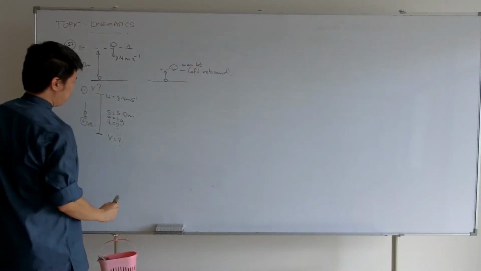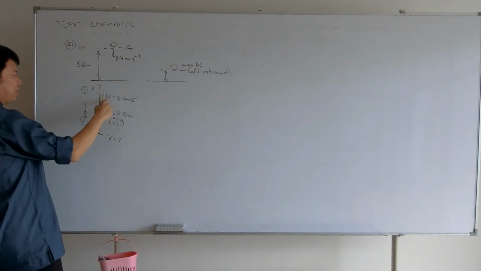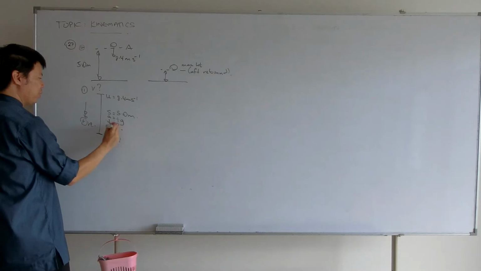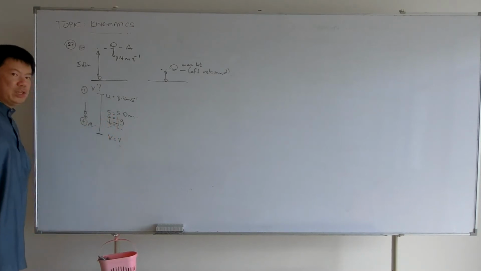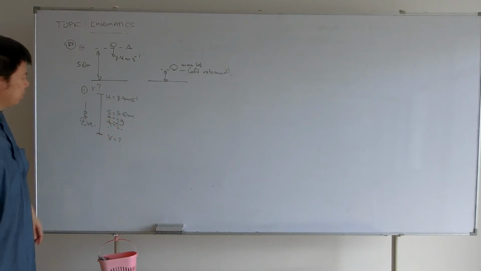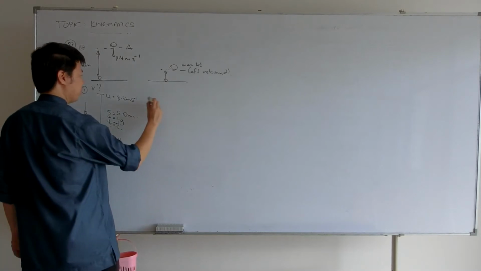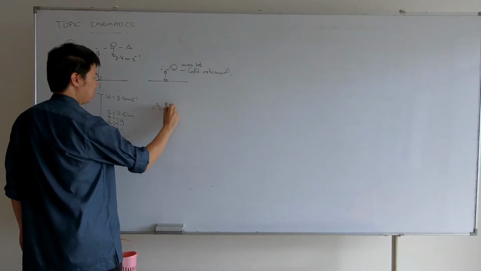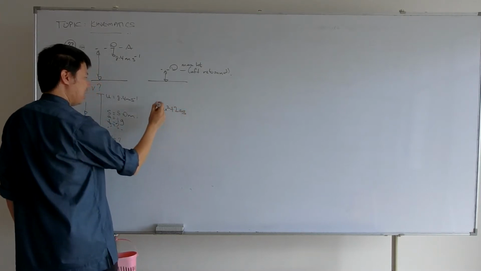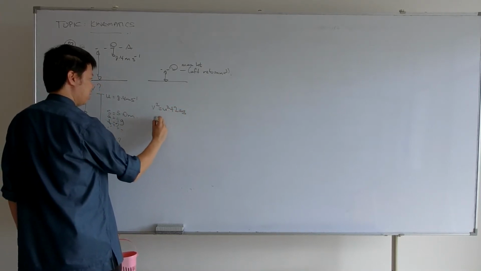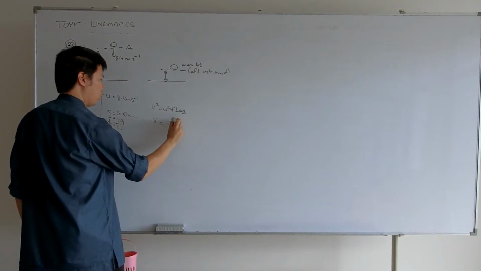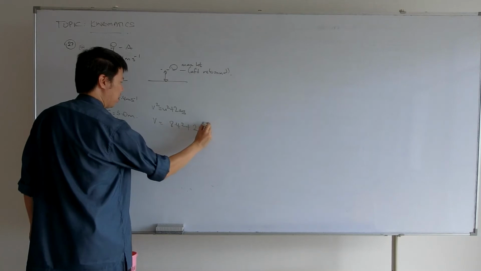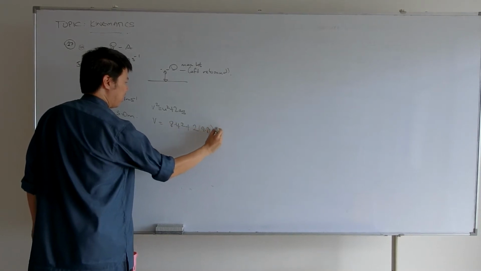So you remember the 5 equations of motion? When using UVAS, we don't need time. The fifth equation is the only equation that has no time. So the equation we're using here is V squared equals U squared plus 2as. So that's 8.4 squared plus 2 times 9.81 times 5.